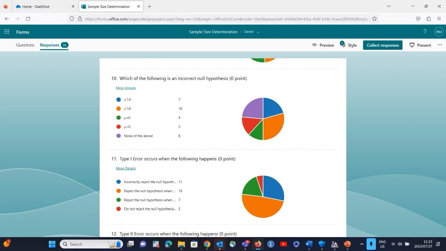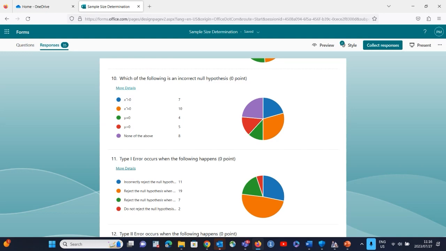What else would be incorrect? Mu is greater than 0, because that wouldn't be a null hypothesis. So 1, 2, 4, and 5 would be incorrect, because none of the above is not really applicable.